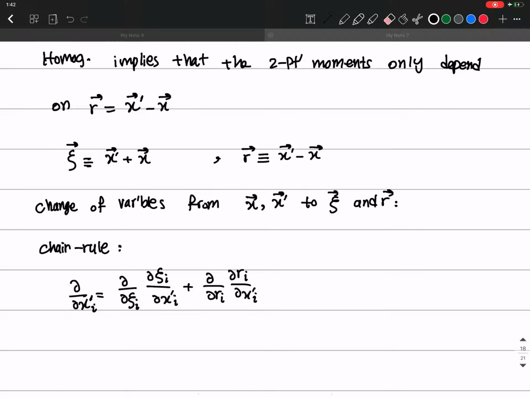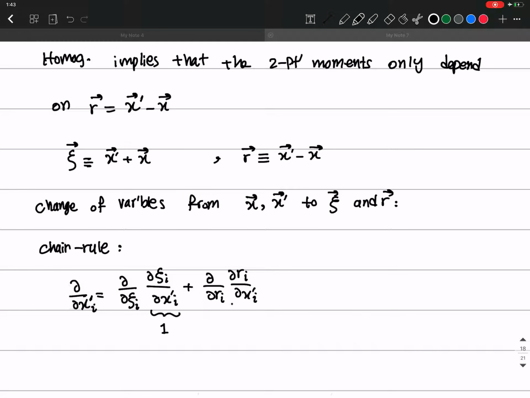Now what is this? Partial ksi with respect to x prime i, you see it here, it's just 1, right? If you take the derivative here, it's x prime plus x, and with respect to x prime, it's going to be 1.